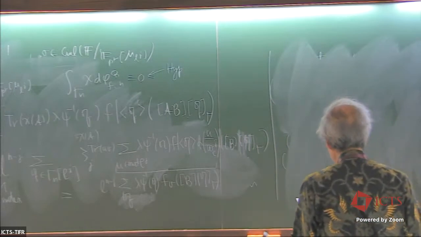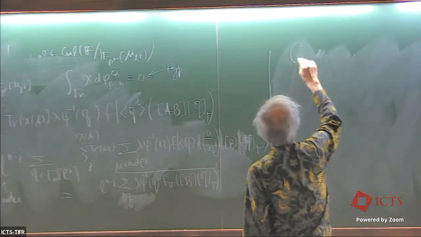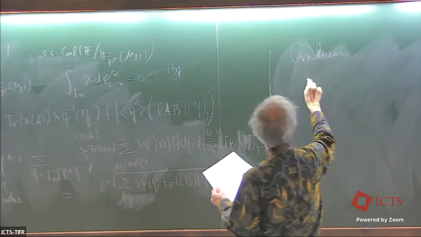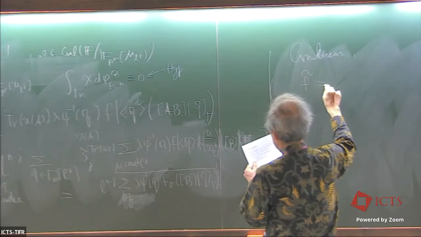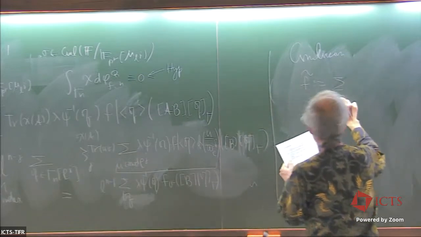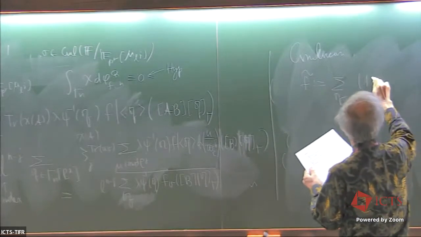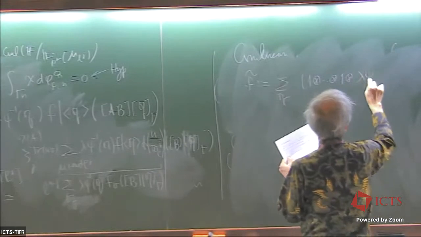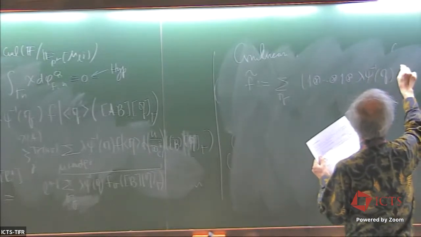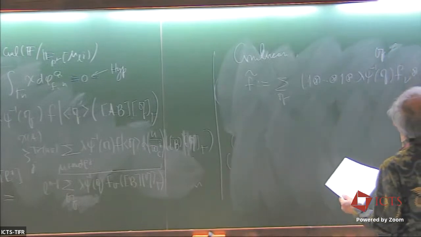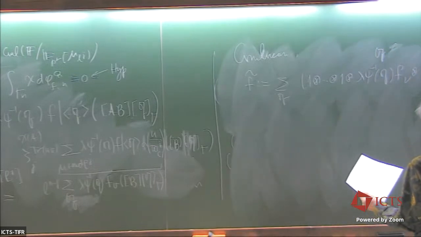Okay, so to conclude, I just put F tilde to be the sum over Q of 1 tensor, 1 tensor lambda psi inverse q of fv at the q slot, tensor 1, tensor 1.